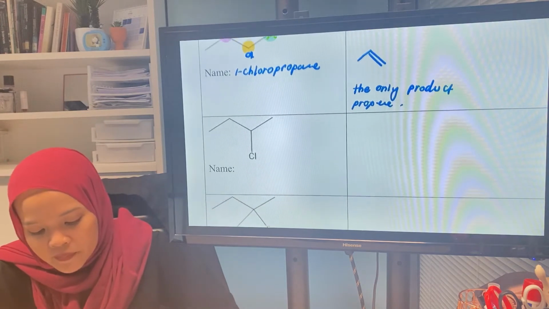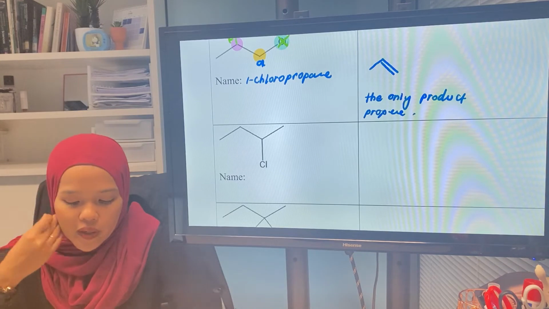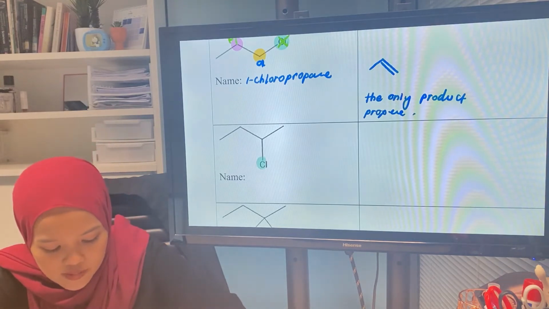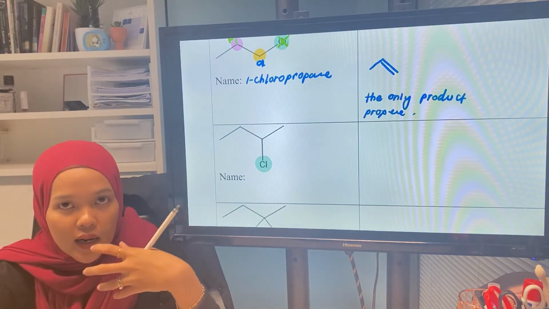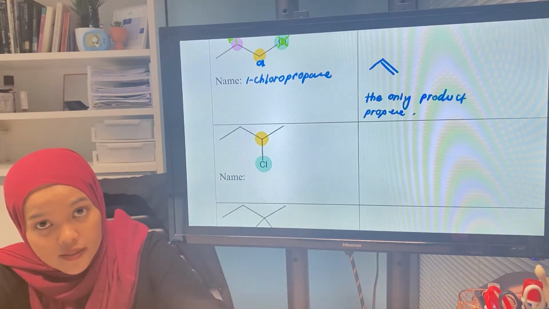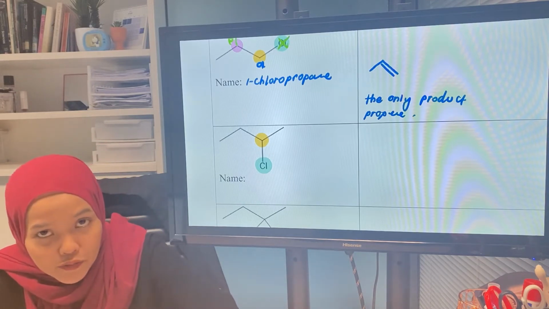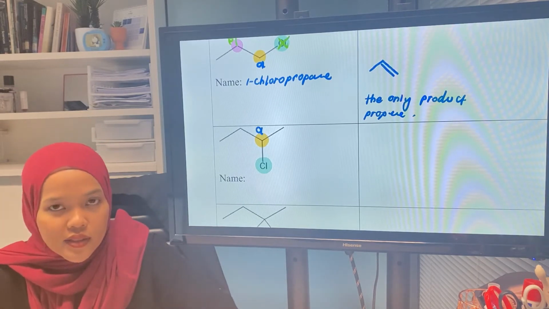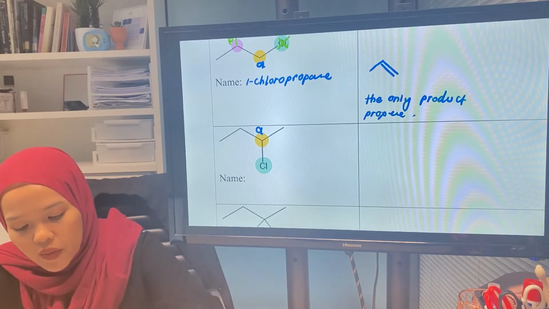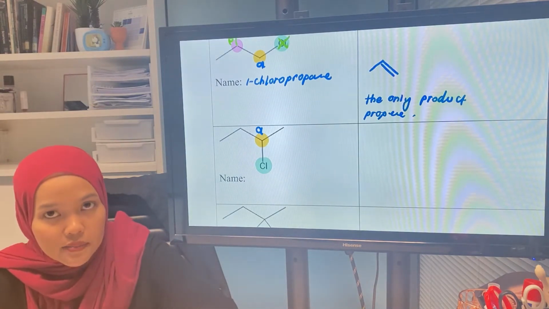Now let us look at this one. Where is your halogen? This one. The carbon that holds the halogen is the alpha carbon. The one attached to the alpha carbon is what we call the beta carbon.